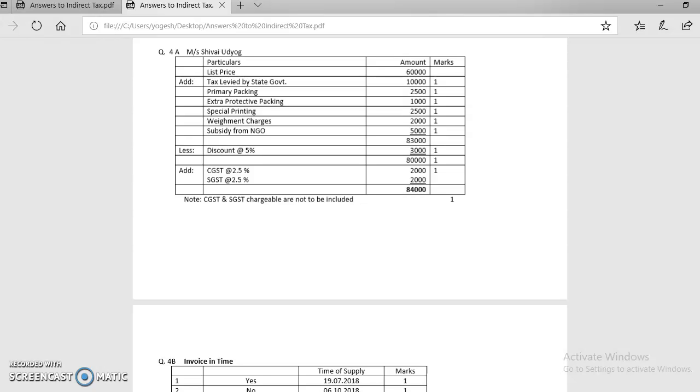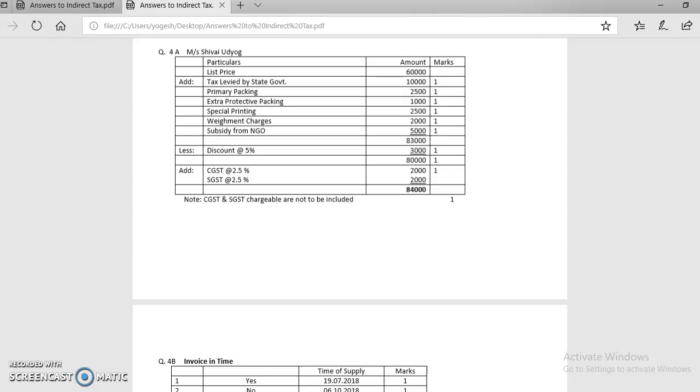Just remember once again, while calculating the value of supply, we are going to consider the list price of goods, any other expenses incurred by the supplier, any expenses incurred by the buyer on behalf of the supplier, then any taxes levied by the government or any authority other than CGST, HGST, UTGST, IGST and GST cess.